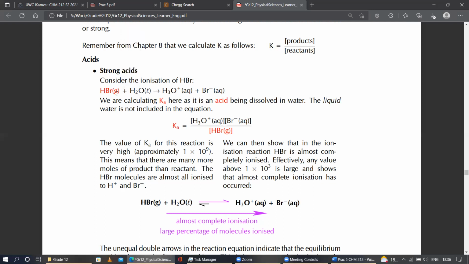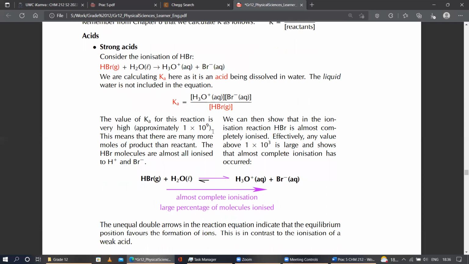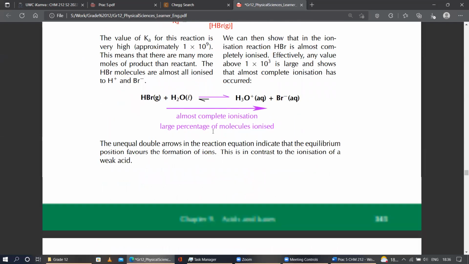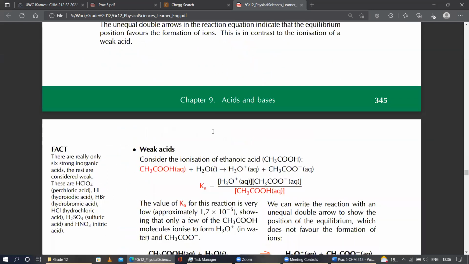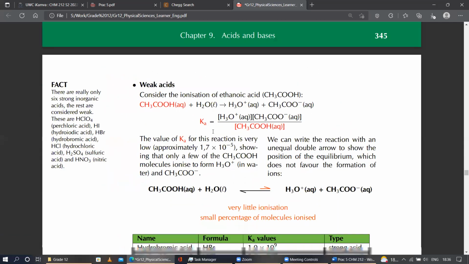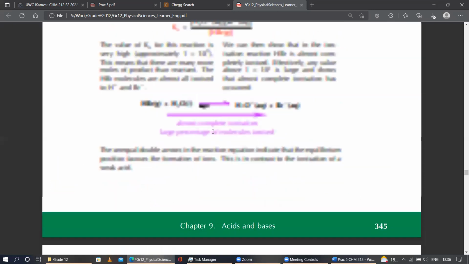So you're going to have your products divided by the reactants. These are going to be your products, and this is your only reactant that's going to be considered. That's going to be your ionization constant, and this is your ionization constant when it's a weak acid.